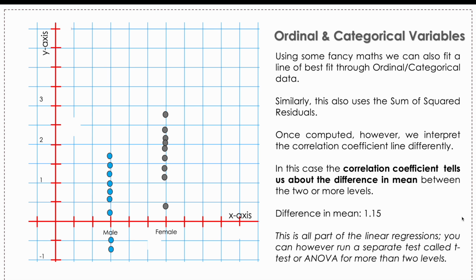Interestingly, it does also work for independent variables that are ordinal or categorical. It does it using fancy maths, but the idea is similar, although we do interpret it slightly differently.